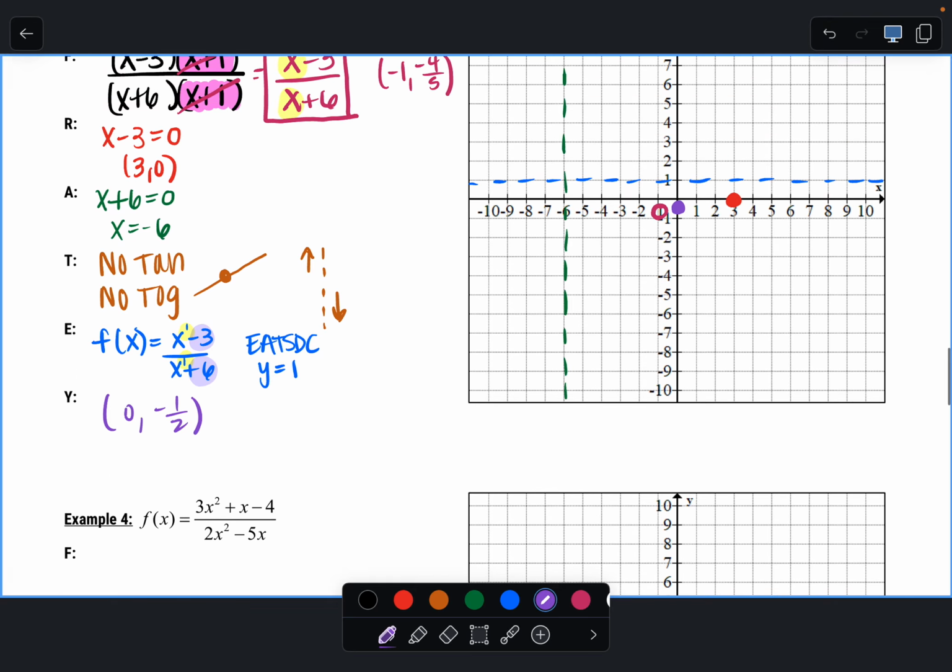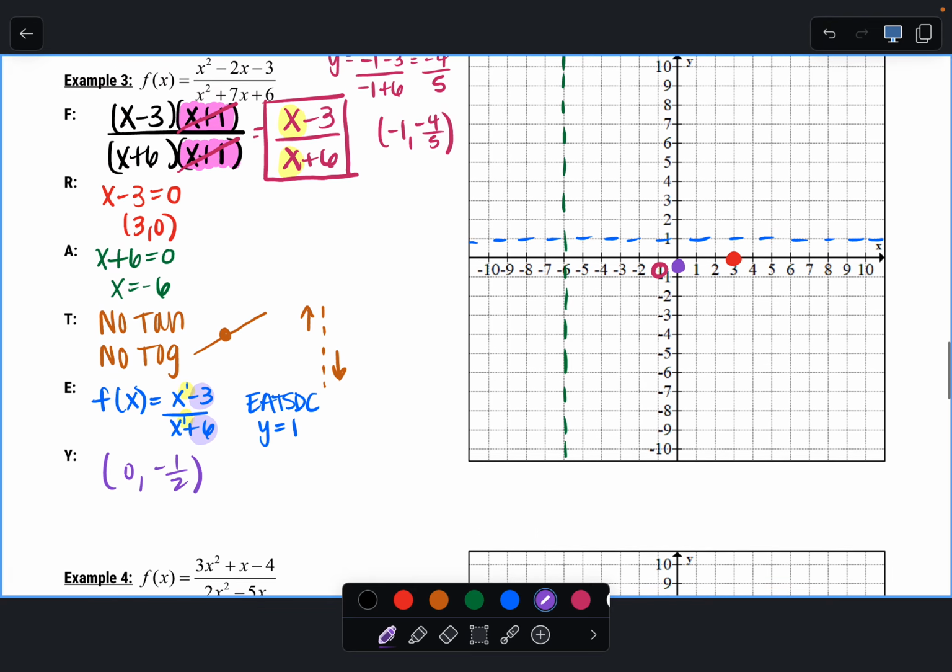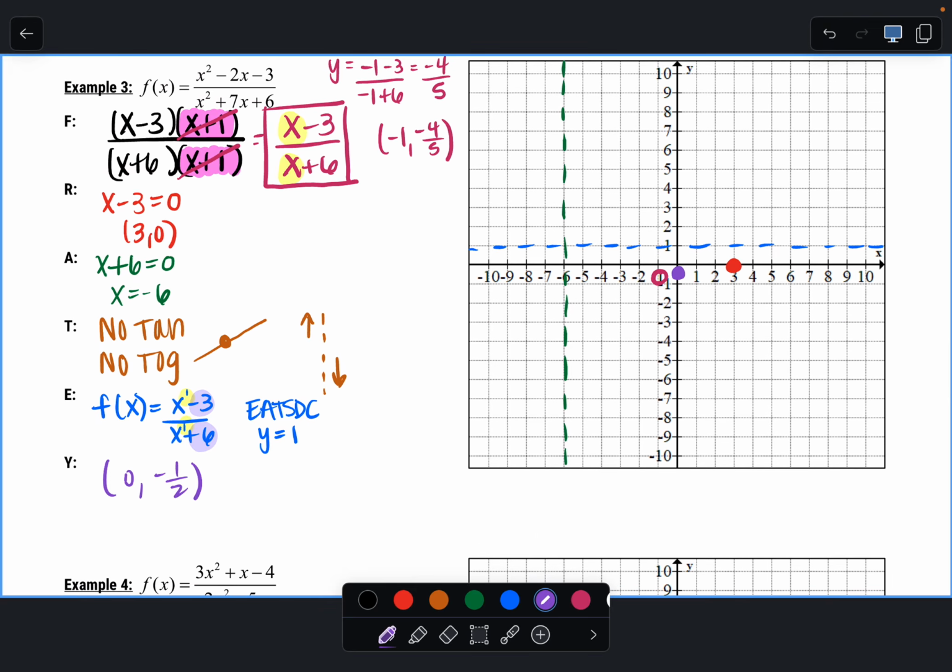Okay, we need to draw our curves. Now again, before you start freaking out about the curve part, remember, most of your points are coming from identifying all these features correctly and putting them on the graph. Usually in the end, your curves are worth 1, maybe 2 or 3 points. That is it. So I have 2 vertical sections, one on the left, one on the right.